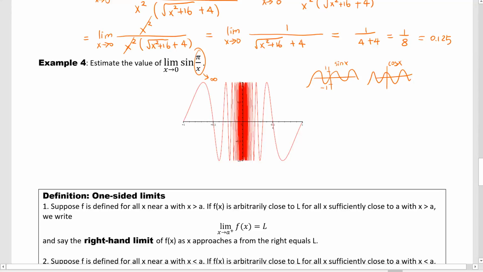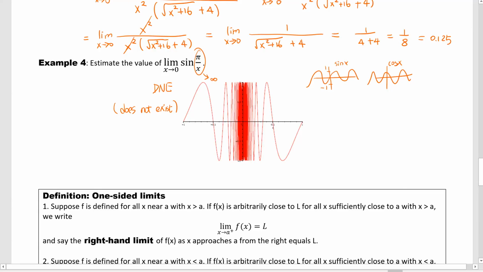And in this case, there's no way we can describe the limit because we don't get a number. It's changing. It's oscillating between -1 and 1. We don't approach a number. So in this case, we say does not exist, okay? This is different from the case where we have infinity or minus infinity, because in those two cases we can still describe it.